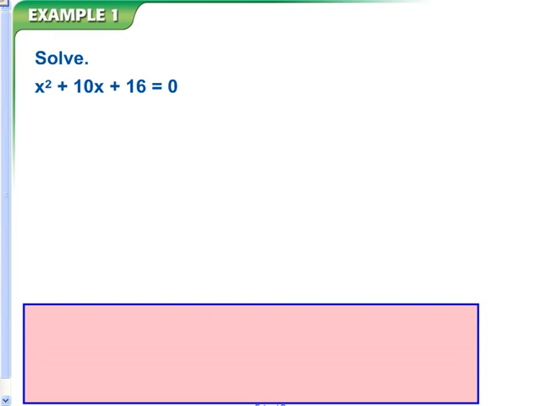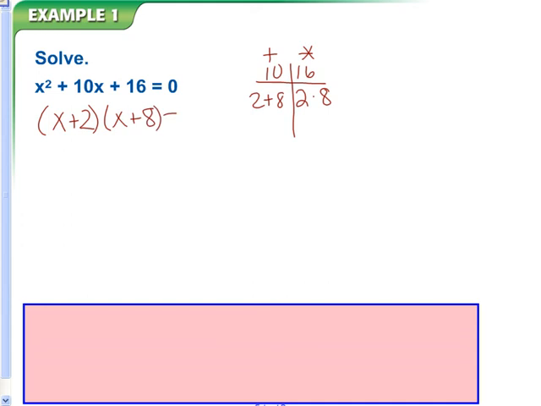Okay, then it comes to solving it. So you have to solve it, you have to factor it first. Set up our t-chart, 10 and 16. So that's going to be 2 times 8. x plus 2, x plus 8 equals 0. Now we've got two terms multiplied together to make 0.